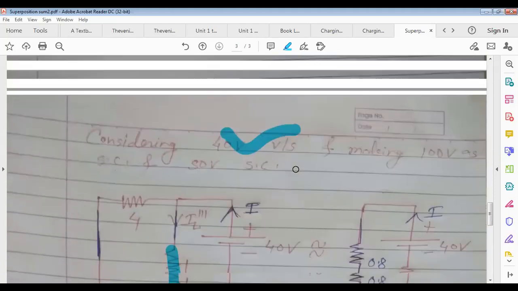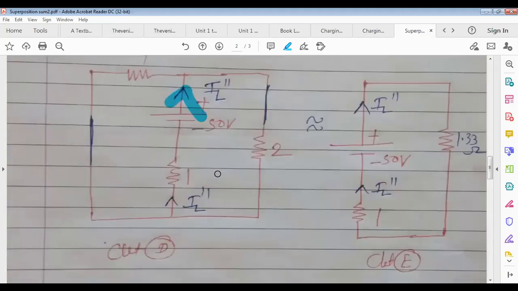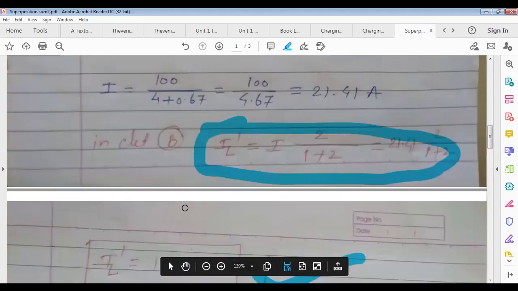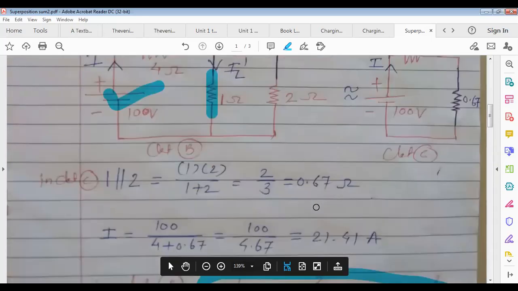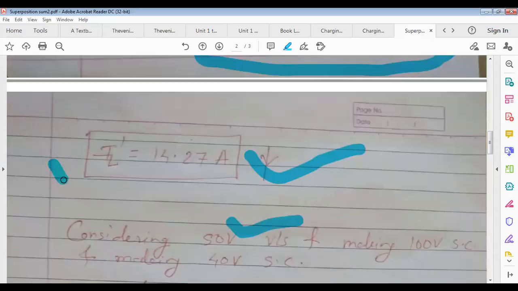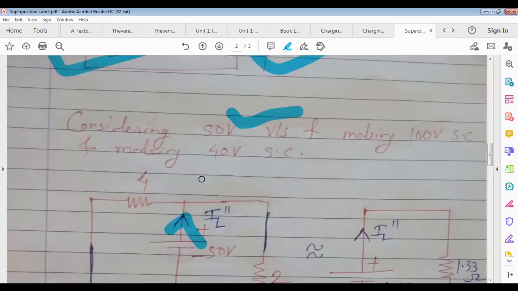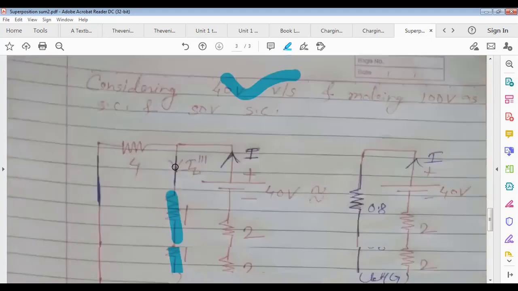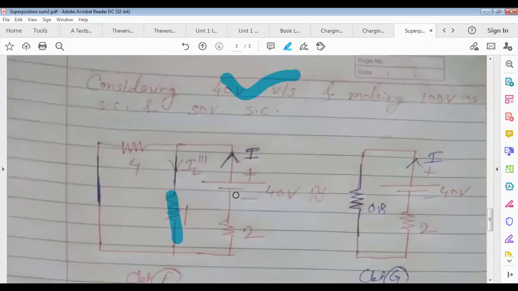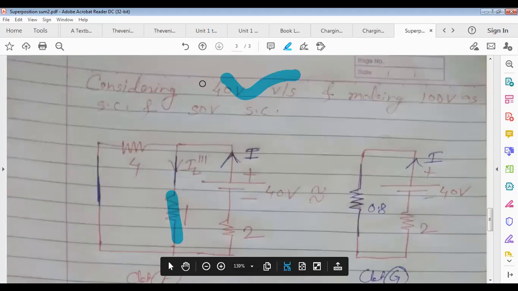So IL dash is with only 100 volt through 1 ohm, IL double dash with only 50 volt through 1 ohm, and IL triple dash through 1 ohm with only 40 volt.